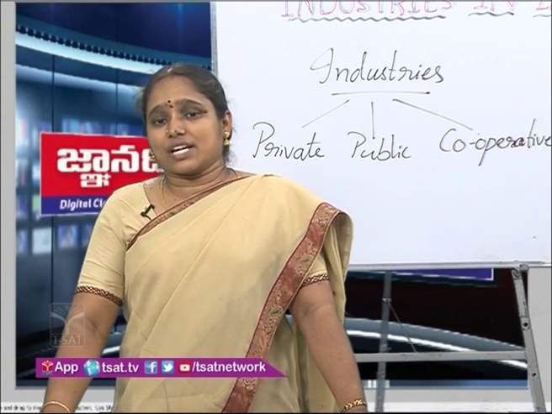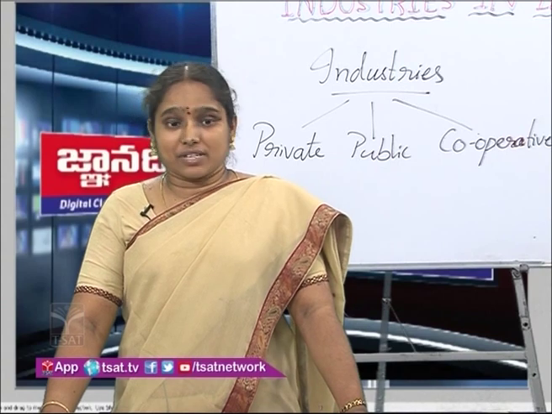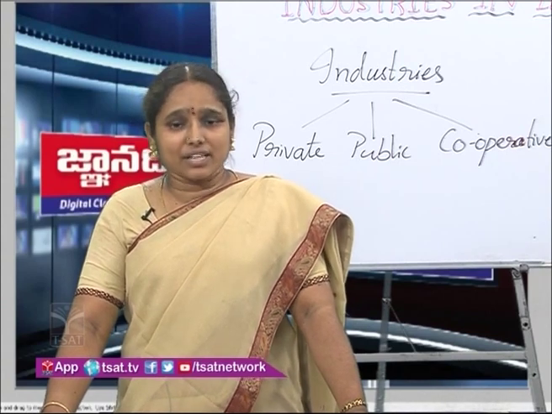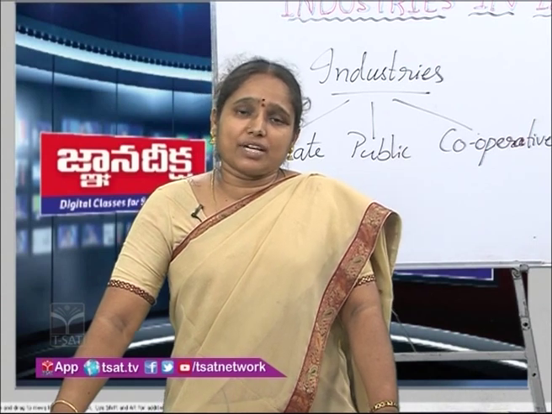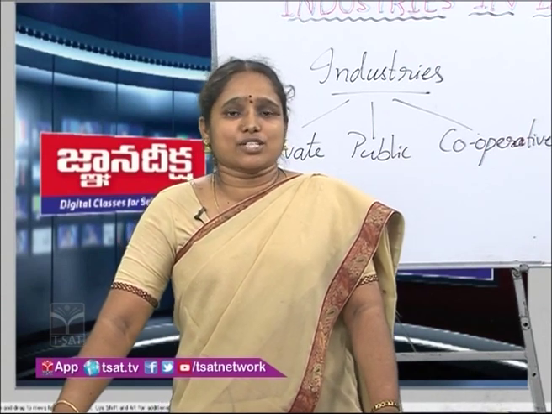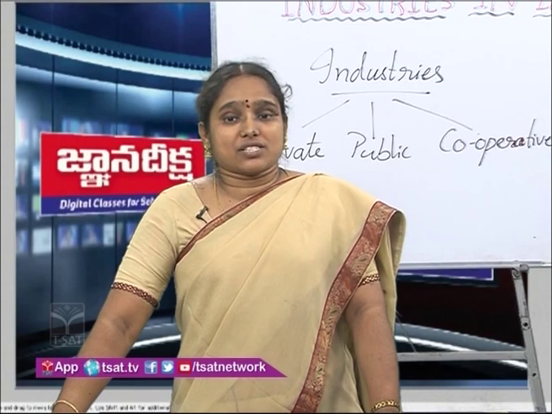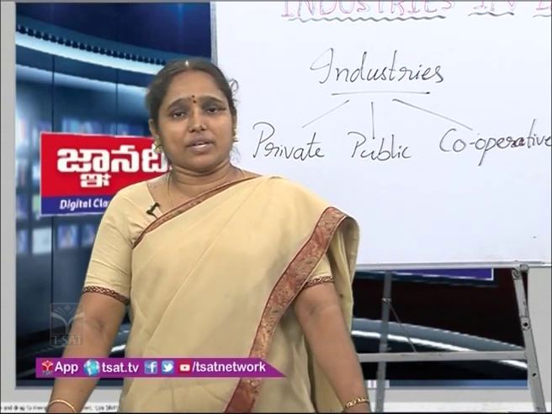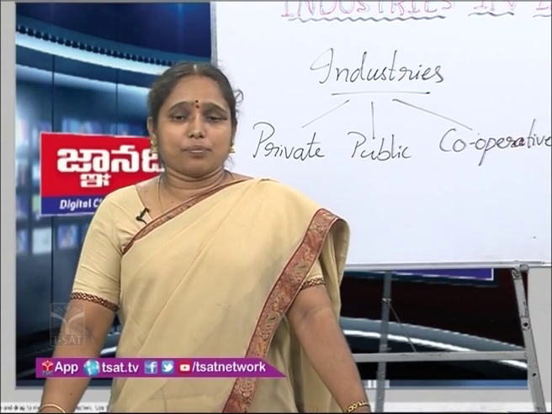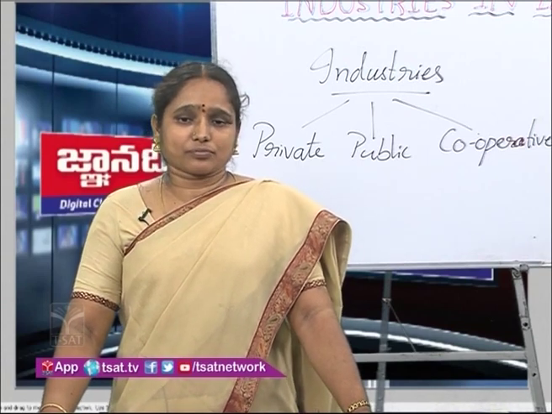So what do you understand by this? As we were discussing the location of industry, we discussed that raw material is the most important thing which decides the location of the industry. The sugar industry is located mostly in UP and Bihar. That means the raw material is available in plenty there.